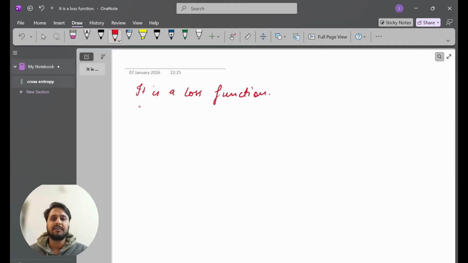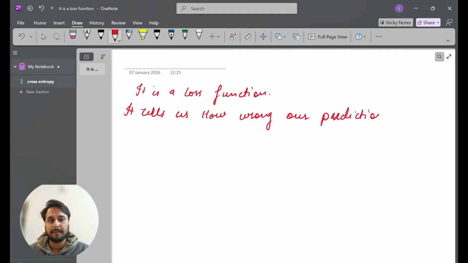In simple terms, if I want to write a definition, it tells us how wrong our predictions are when the outputs are probabilities.